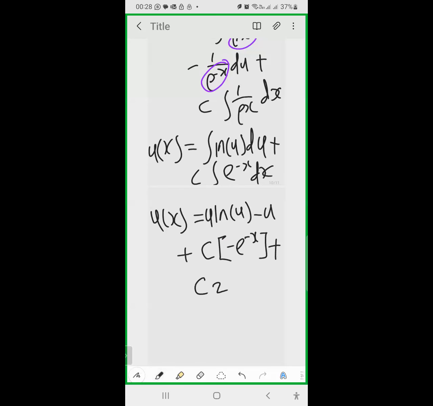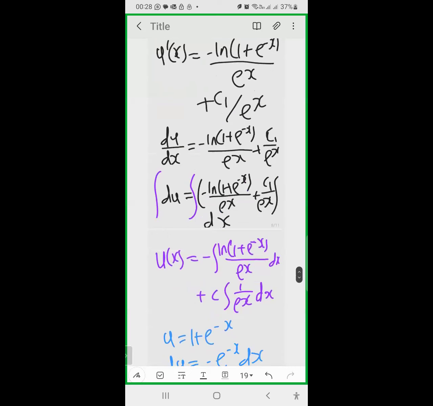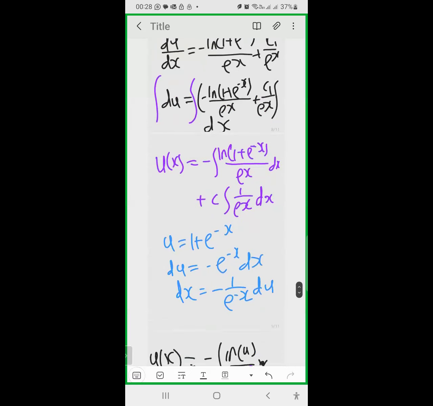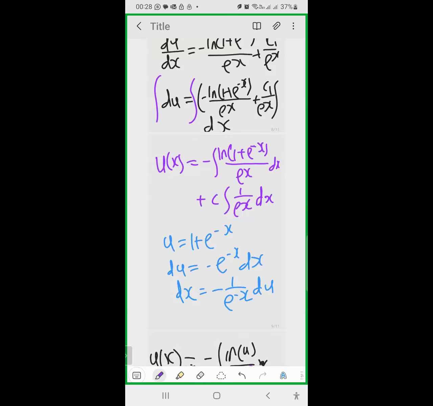And then also remember that this is constant c1. I've been writing it as just c. This is c1.